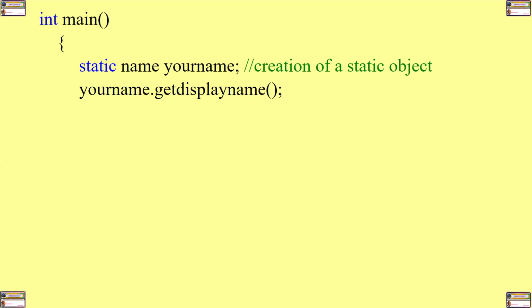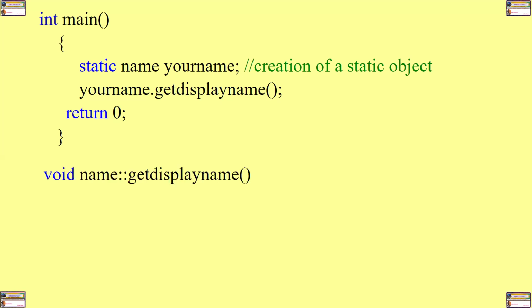So because getDisplayName is being invoked through the object called yourname, it means that this function will only manipulate the members of the class for this object. And then once that is done, we return control to the operating system and end the program.